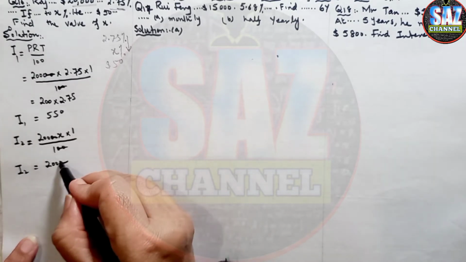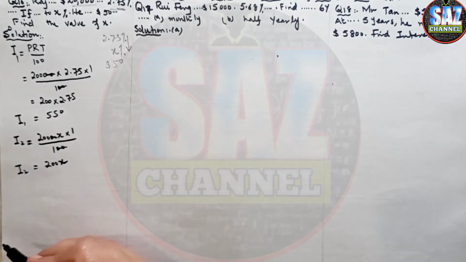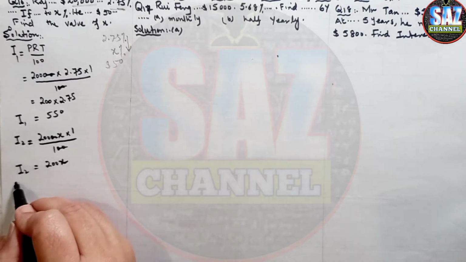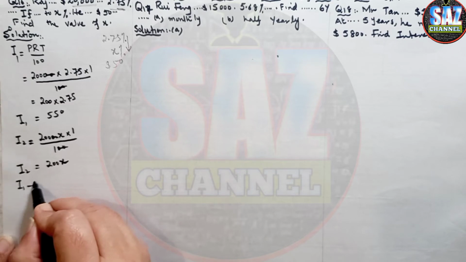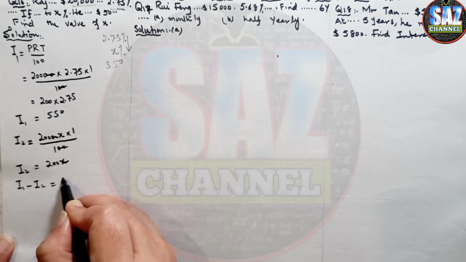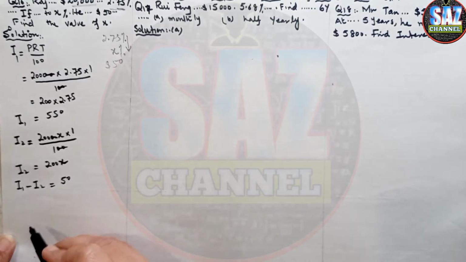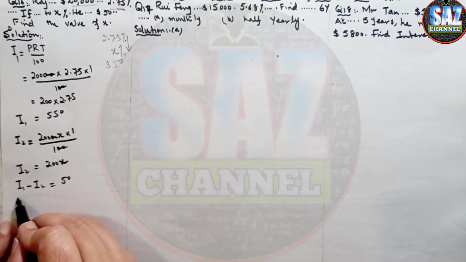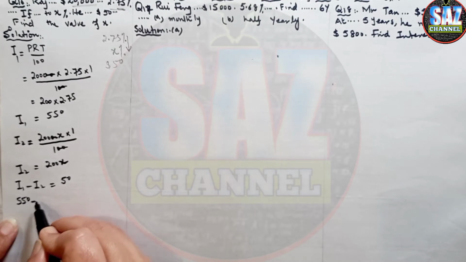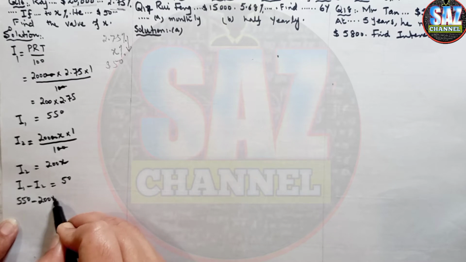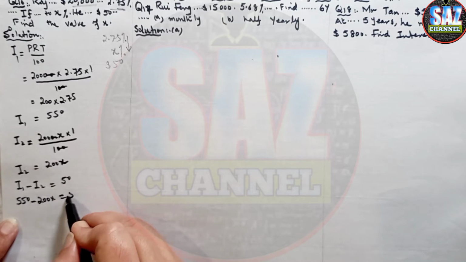And now the question says that he will receive $50 less every year. It means I1 minus I2 equals 50. Now what I have to do, I have to make an equation. 550 minus 200x equals 50.